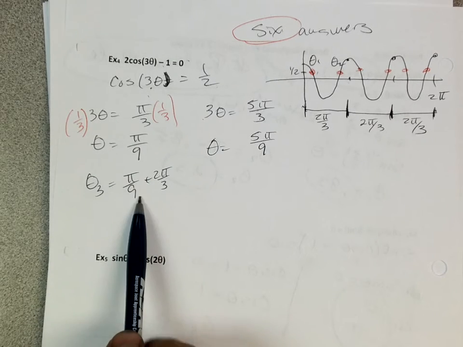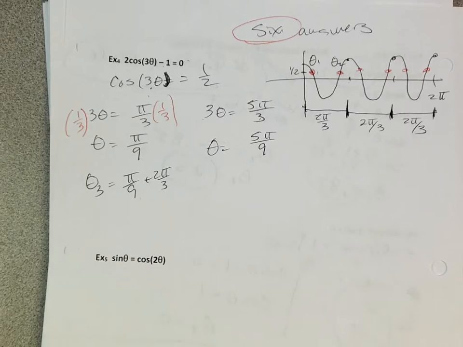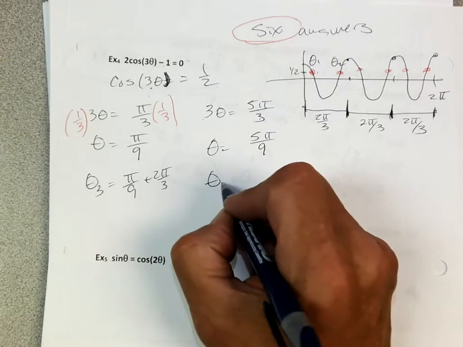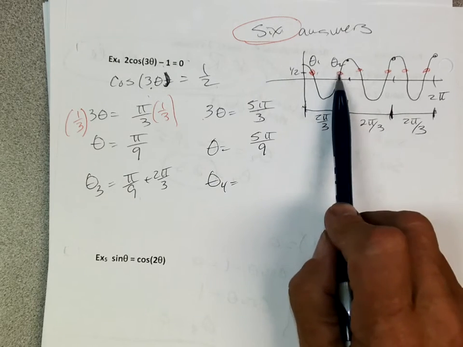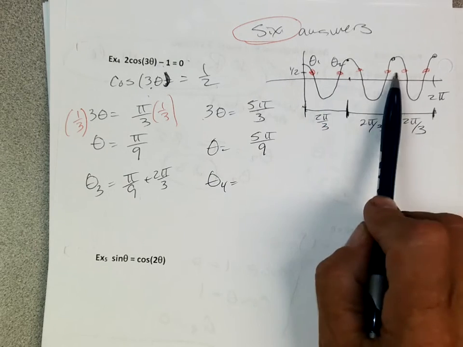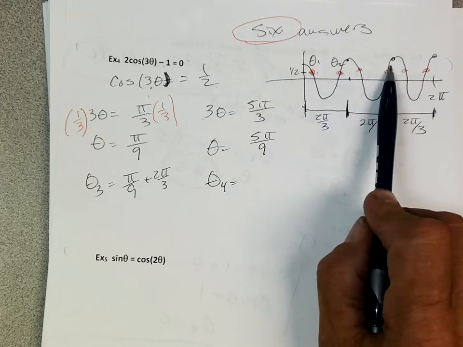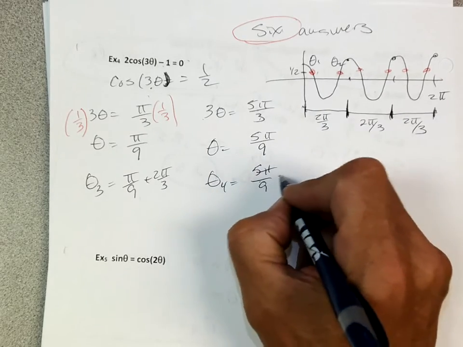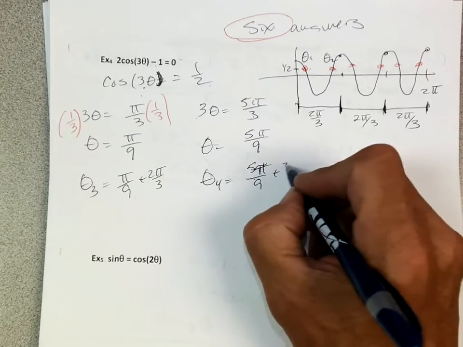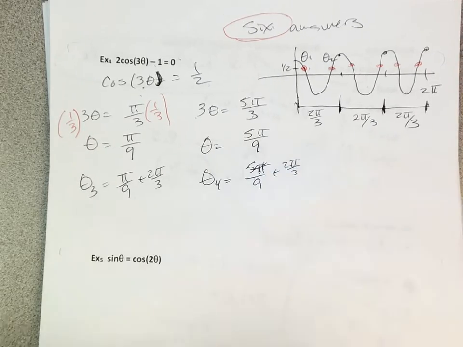I will take this answer for now. Theta 4 is going to be this angle right here plus another 2 pi thirds. So we're going to take my 5 pi ninths and add in my 2 pi thirds, okay? That's theta 4.